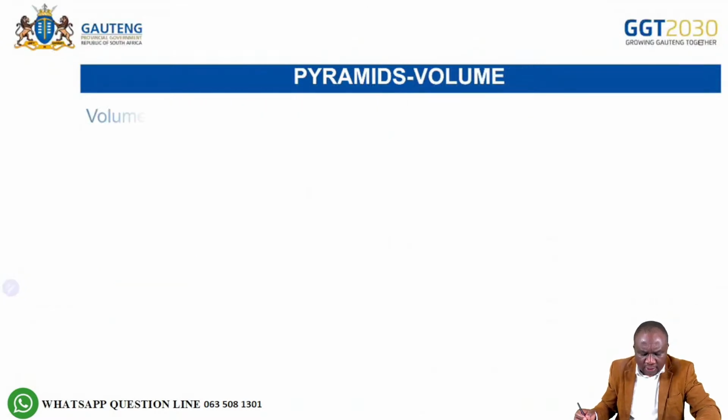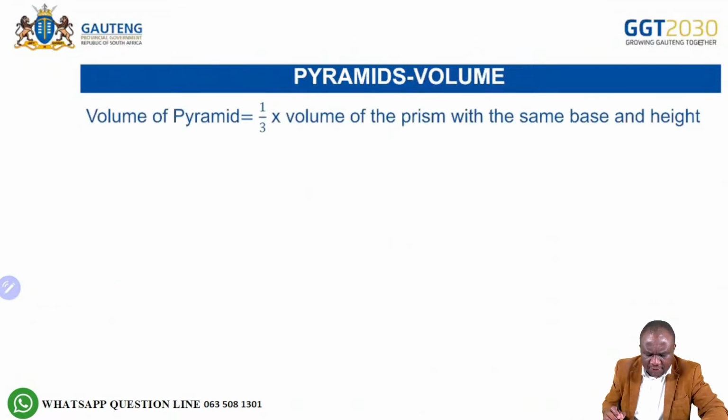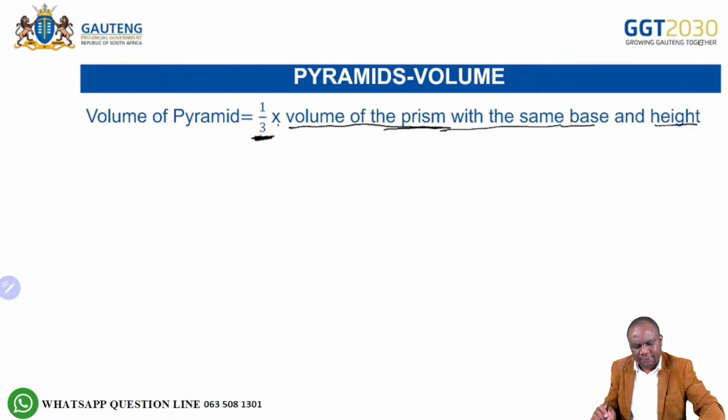Right. Now, volume of the pyramid, very easy. It is 1/3 times the volume of the prism with the same base and height. What do I mean by that?